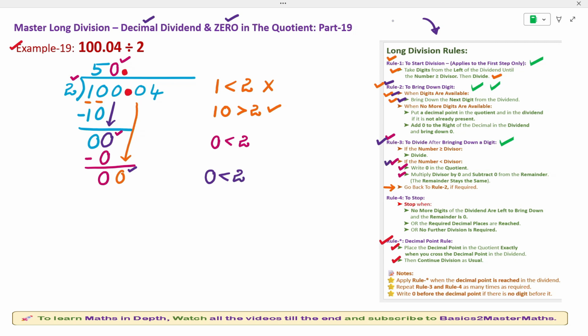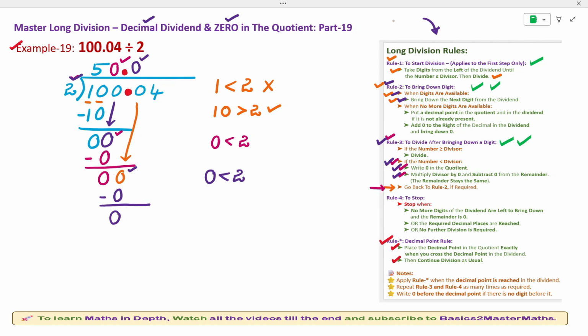So, as per rule 3, if the number is less than the divisor, write 0 in the quotient, then multiply divisor by 0 and subtract 0 from the remainder. 2 zeros are 0. So, you will get 0 as the remainder again. Now, rule 3 is complete for the second time.